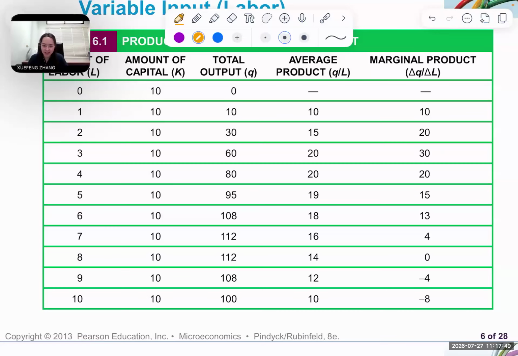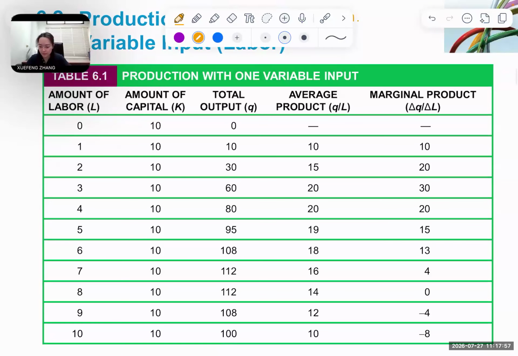So this pattern, rises then falls, is called diminishing marginal product. Let me write it down. Okay, diminishing marginal product. And it's one of the most important ideas in this chapter. We'll see it on a graph next.